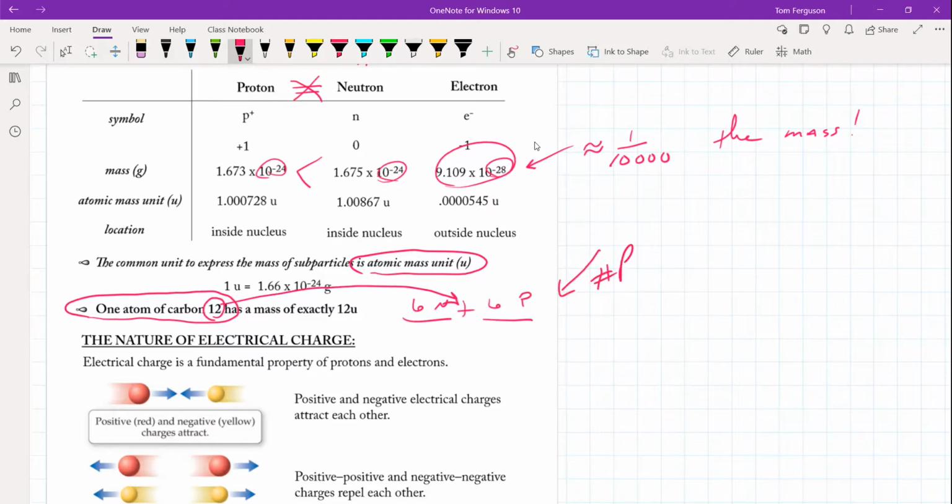The number of protons determines the element. Change protons, you change the element. Change neutrons, you change the isotope of the element. Because you're not changing protons, the element does not change name.